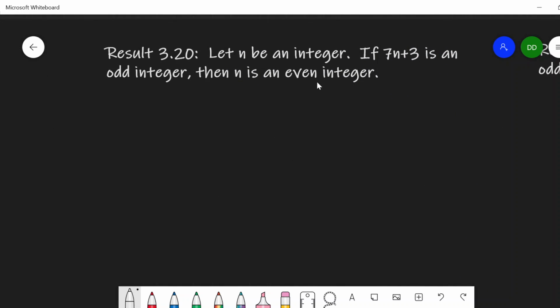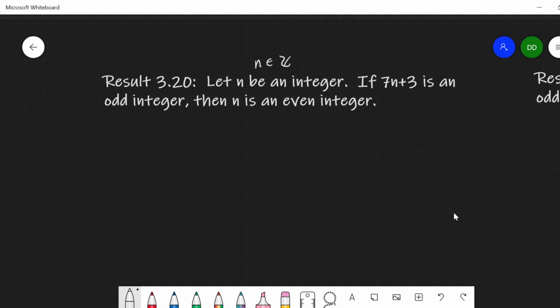So result 3.20 says let n be an integer. So there's our set, n is an integer. If 7n plus 3 is an odd integer, then n is an even integer. So here I could let my P of n be the statement 7n plus 3 is odd, and Q of n would be the statement n is even.